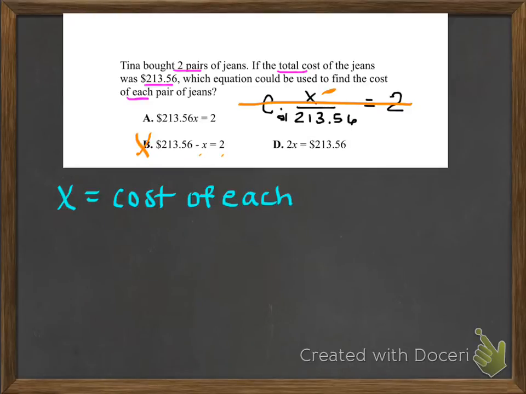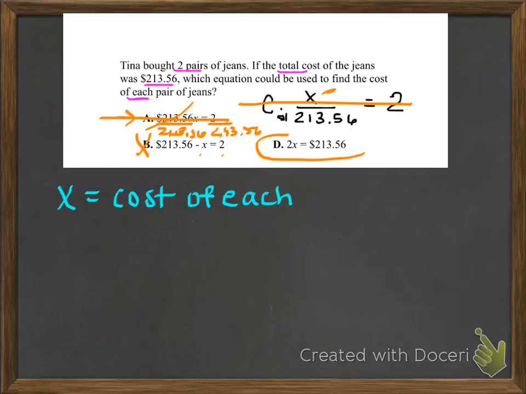So now we need to look at these last two here. So we need to think, if we take 213.56, which is our total, and what would we have to do for A here to solve? Well, we would have to divide each side by 213.56, right? So that wouldn't really make sense either, because you would get some crazy fraction of a number. So you know that's not right either.